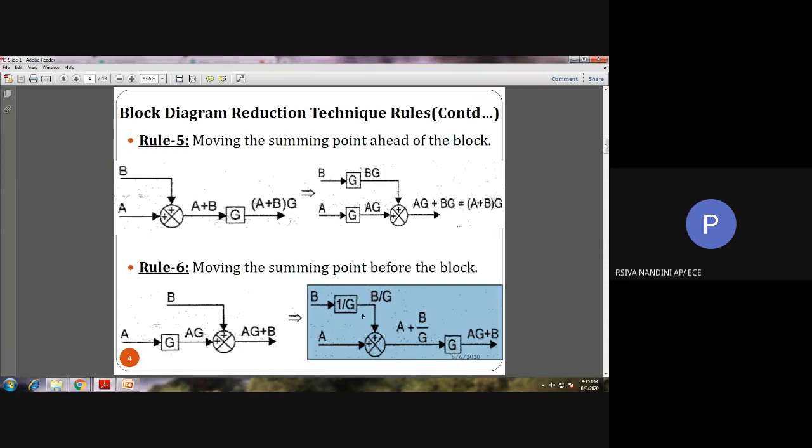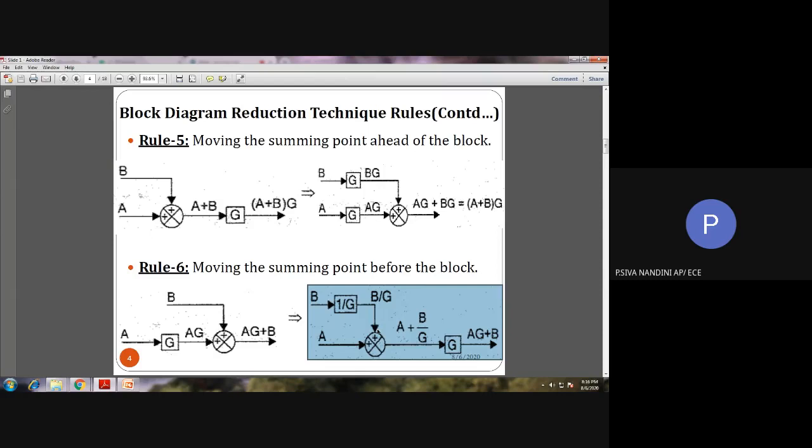We have to include a term 1 by G in the summing point. Here the input A is given directly to the summing point. For input B, we do not need the block G, so we have included the block 1 by G in the path of the input B.